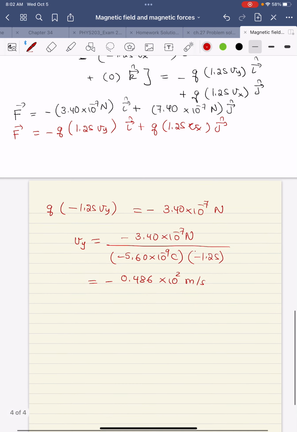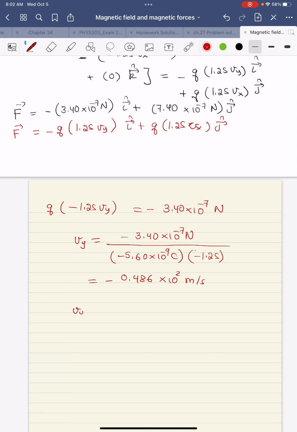This is for Vy. Then Vy is negative 48.6 meters per second.